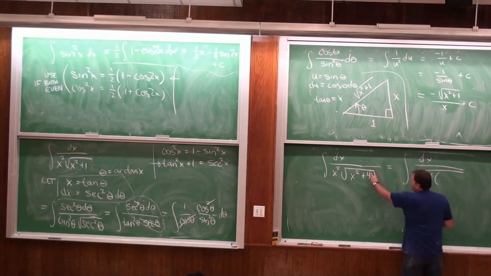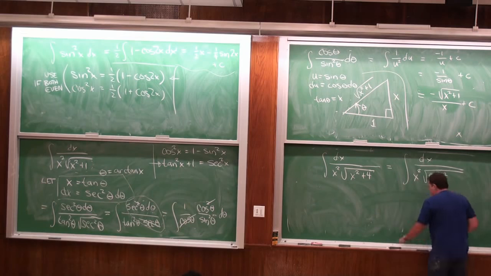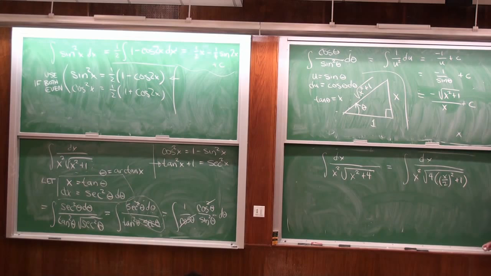When I factor 4 out of here, I get x squared over 4, but I can actually write x squared over 4 as x over 2 squared, like that. Then I can pull this 4 all the way out.